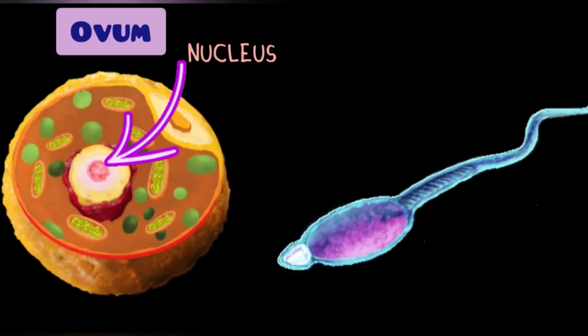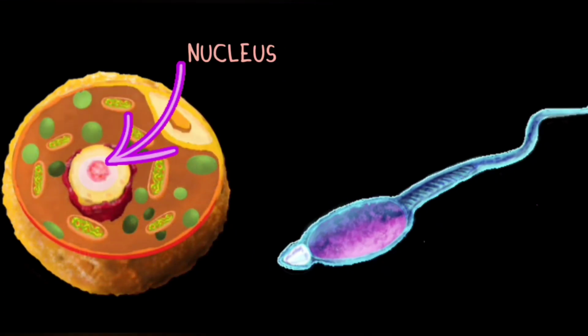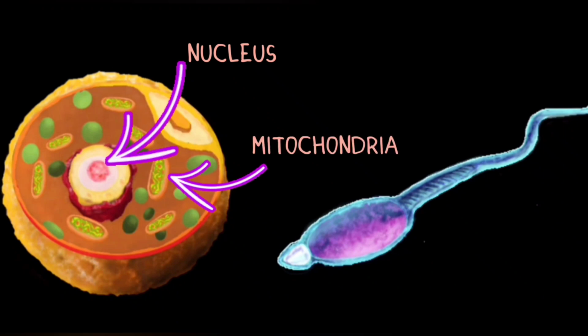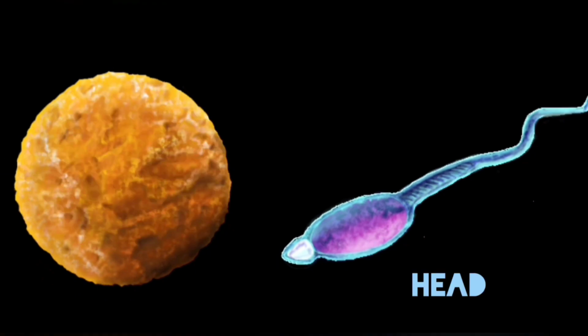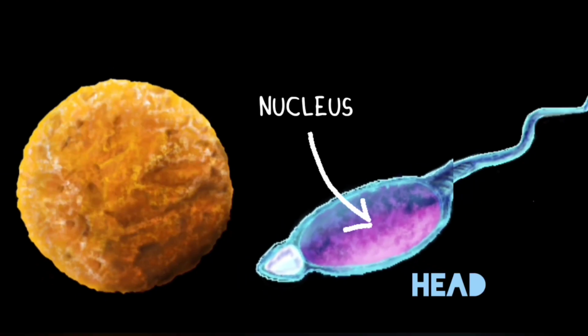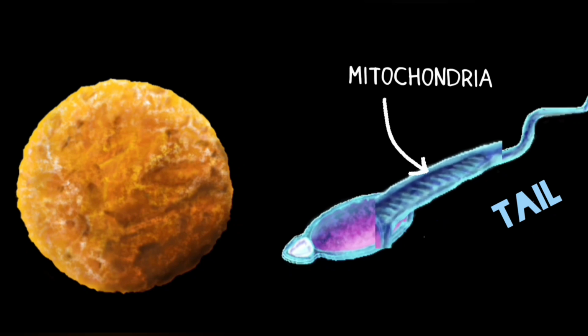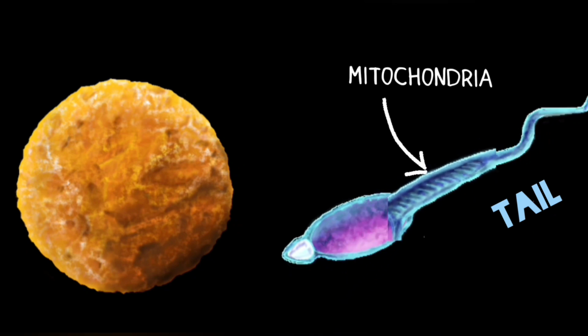Here is the nucleus containing all genetic material and here is the mitochondria, with its own set of genetic material. This is the sperm cell, which also contains genetic material inside its nucleus as well as mitochondria. The nucleus is present in the head of the sperm, whereas mitochondria are present in the middle piece or tail of the sperm.